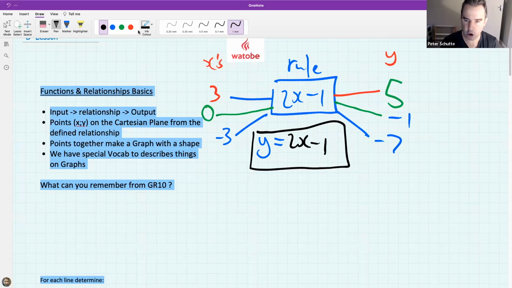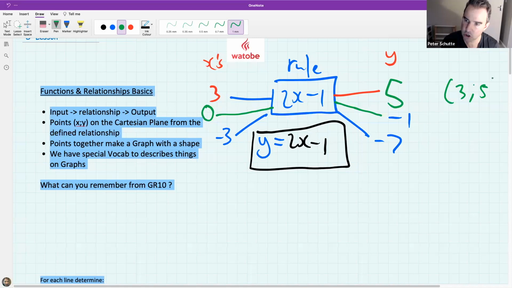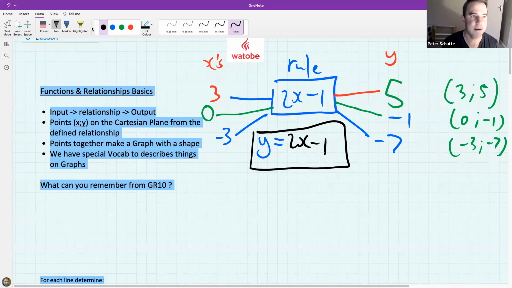Now, I think most of you will know that already, but what's important to remember also is this relationship has lots of mini relationships called coordinate pairs. Some of the coordinate pairs that exist in this relationship are (3, 5), (0, -1), and (-3, -7). So those are just 3 little mini relationships that can come from the big relationship.